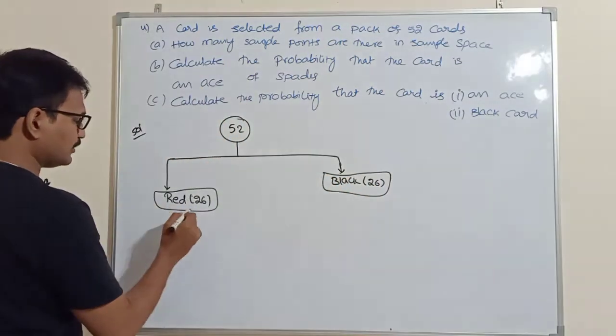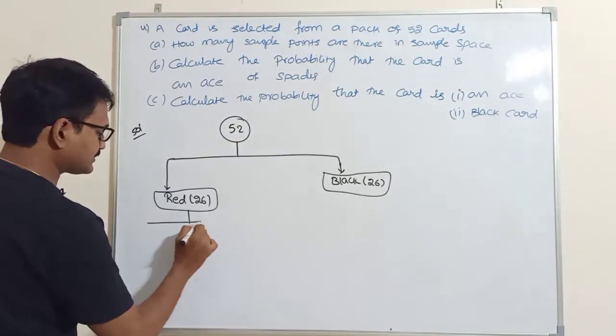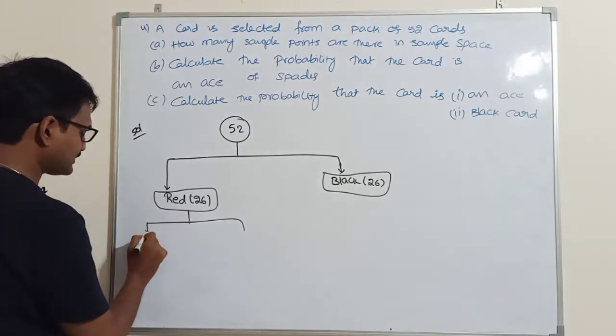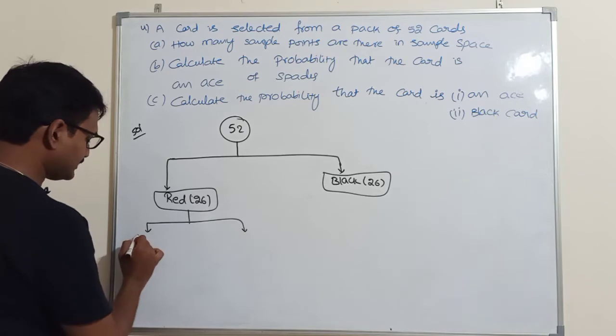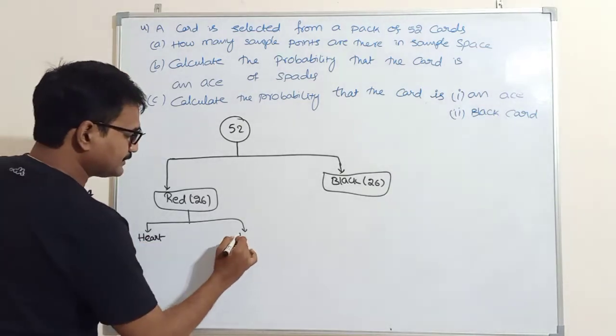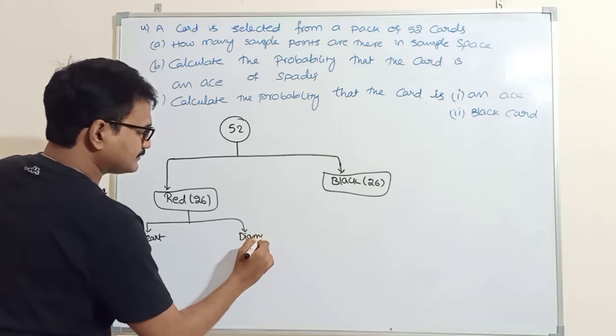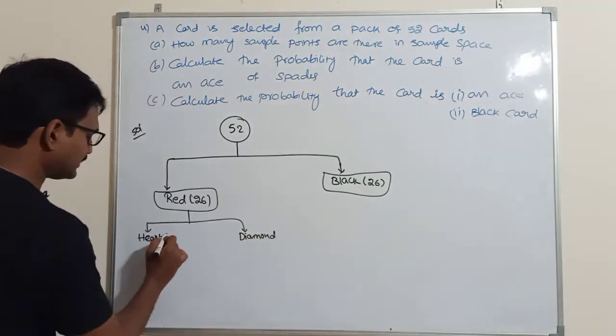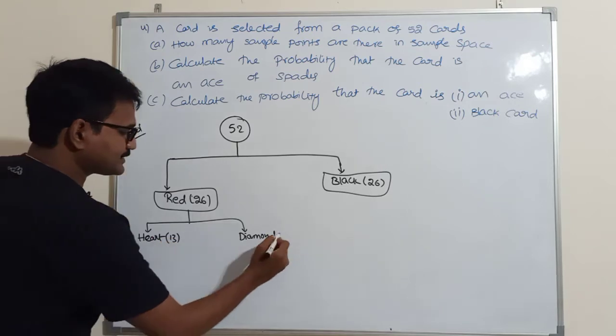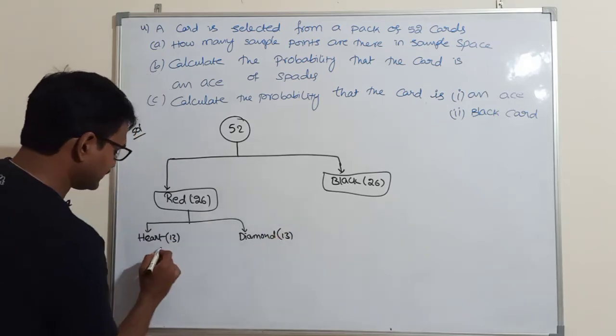Out of 26 red cards, again it is divided into two parts: heart and diamond. Heart cards are 13 as well as diamond cards also 13.